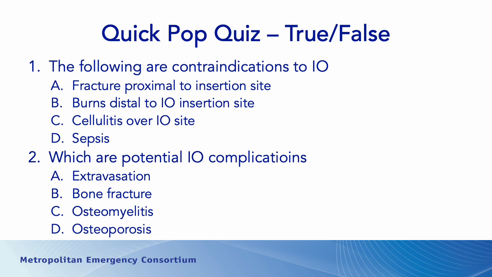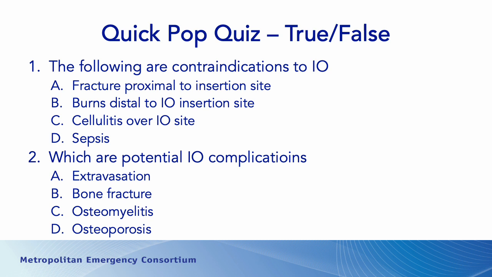Quick pop quiz. All these items should be evaluated in terms of true or false. The following are contraindications to IO: fracture proximal to the insertion site, burns distal to the insertion site, cellulitis where you want to put the IO, or a patient with generalized sepsis.